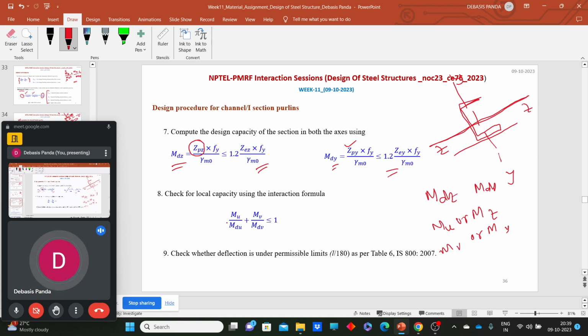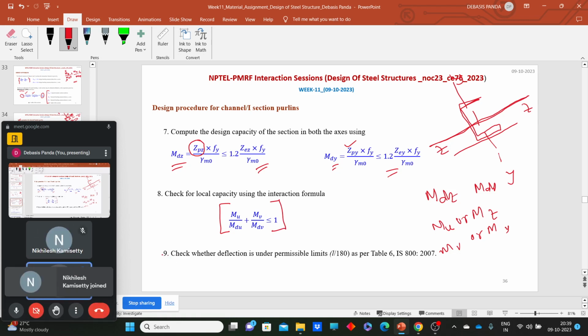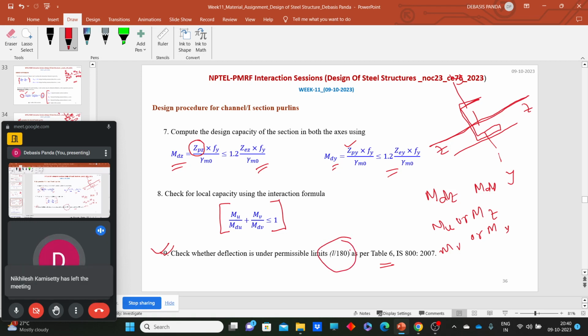How can we calculate it? Using that interaction formula. When this check is passed, we need to check the deflection limit. For the purlins, in table 6, the deflection limit is L by 180.